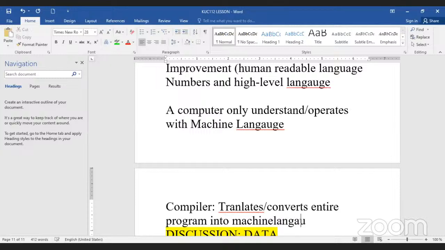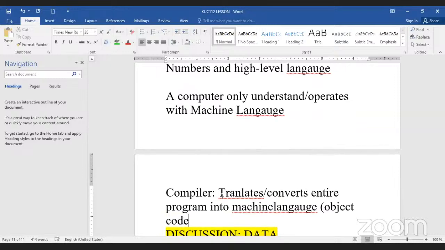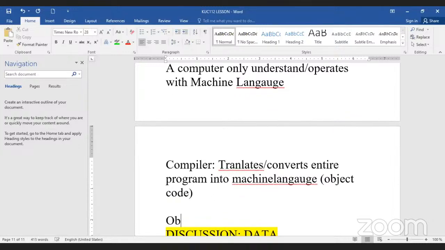And this machine language is usually called object code. And what is an object code? When you write a program for a computer to translate, an object code is the program code that computer programmers usually write when they want a computer to operate something.